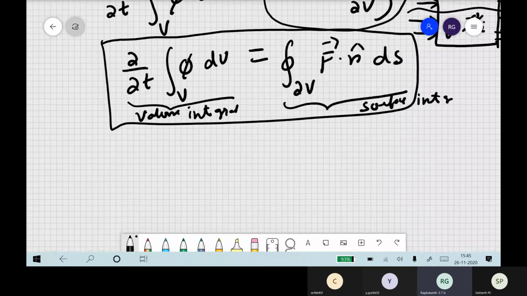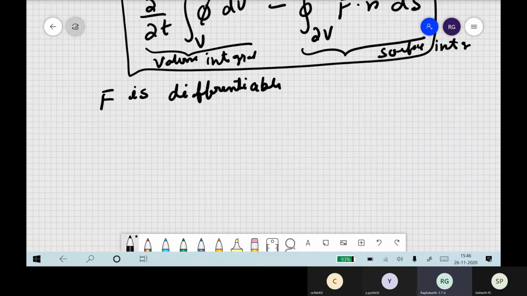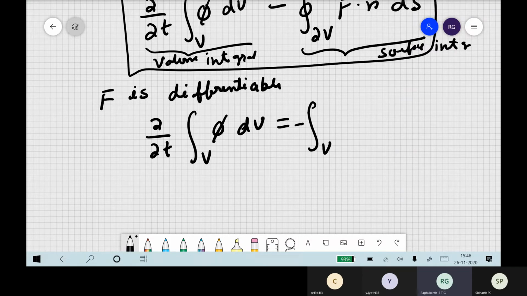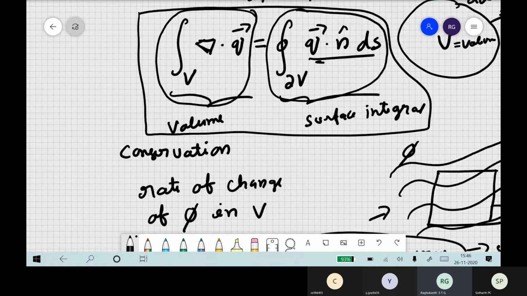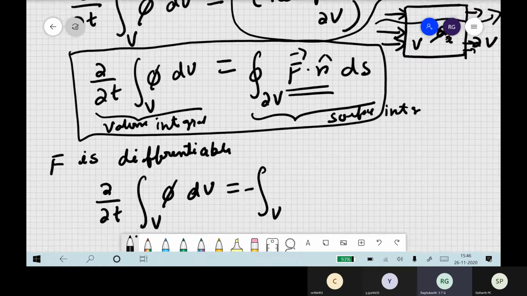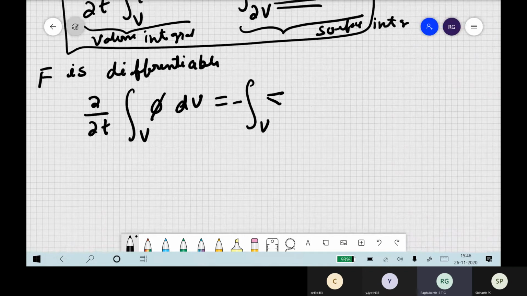Now here, generally F is differentiable, so you can convert everything into one integral. We have ∂/∂t of the integral of phi dV, and using the Gauss divergence theorem, the integral of F dot n dS you can replace with a volume integral of del dot F dV.